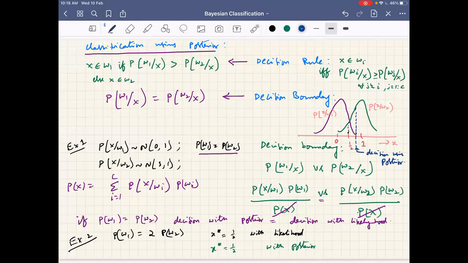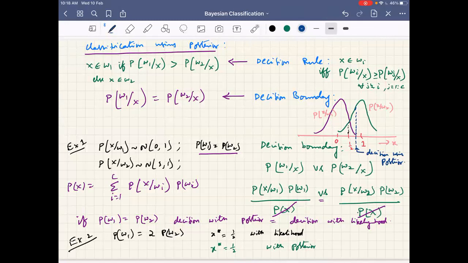More samples will come from class 1, or more probable samples are from class 1. So if I want to take a decision which goes beyond the likelihood information, then I have to give some weight or importance to the prior probability.